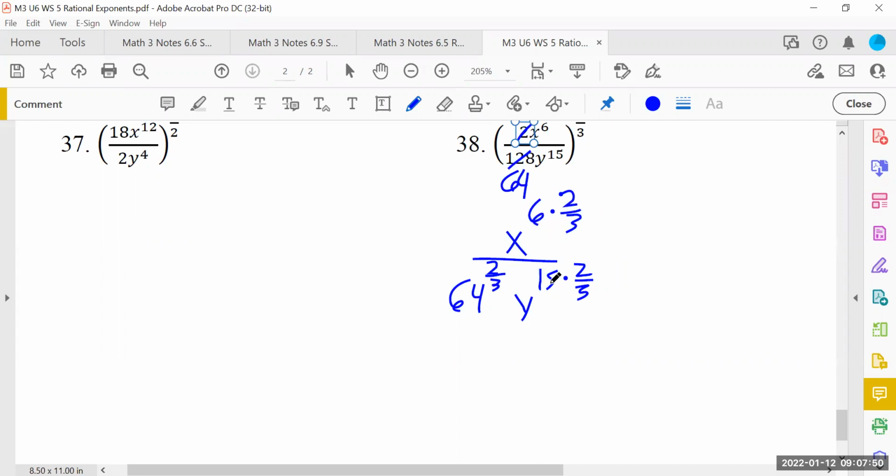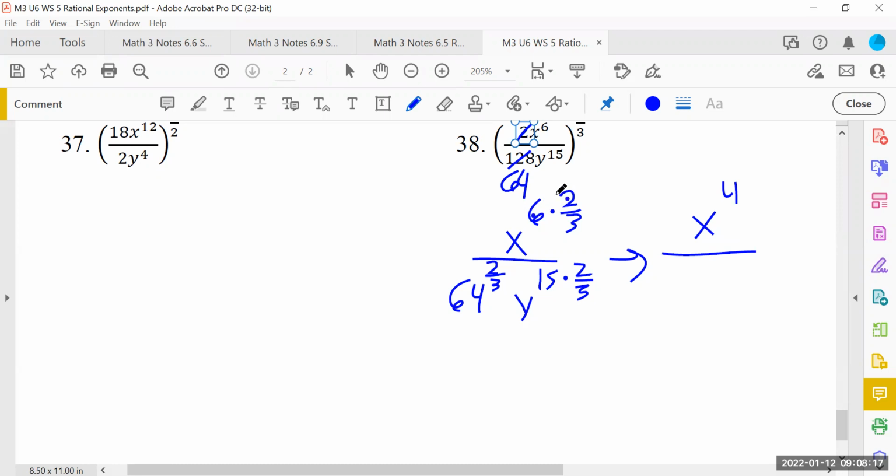So here, everybody's good. The x and the y you can multiply the exponents. 6 times 2/3. Is everybody good here? 6 times 2/3. That's going to be 12 divided by 3. 12 divided by 3 would be 4, so x to the 4th power.